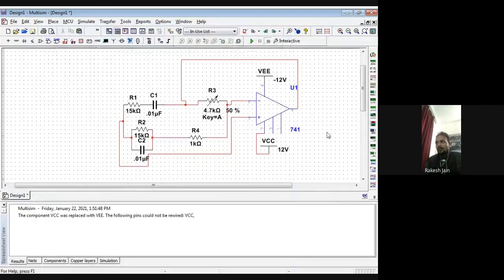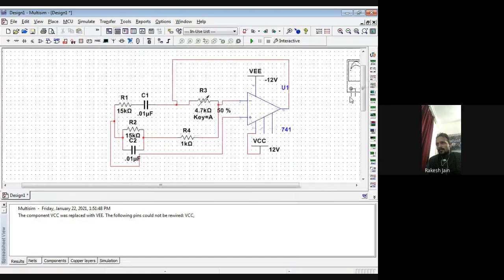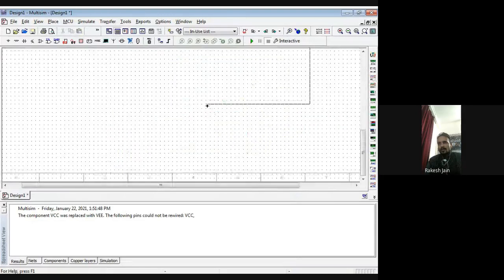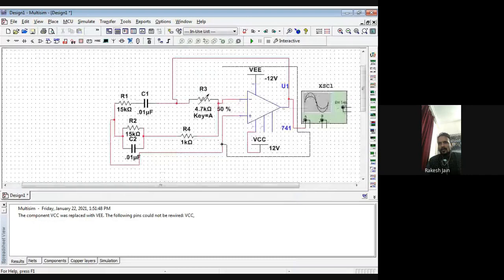Okay, directly connect the CRO so that you will understand. So just use a CRO and see, this plus terminal is connected with the 6 number pin and this minus terminal is connected with this pin, which is actually a ground pin.